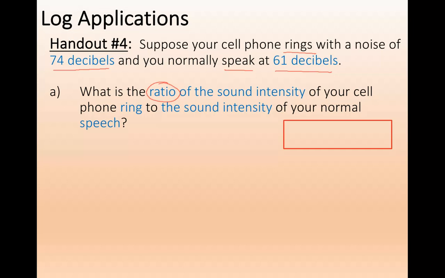So let's see. I'm going to write this at the top, because we probably want to know what the formula we're using is.